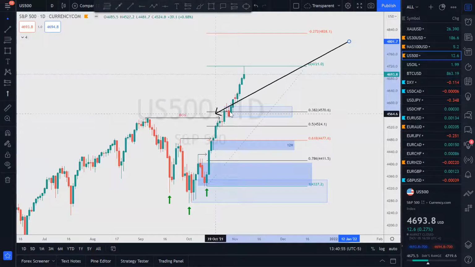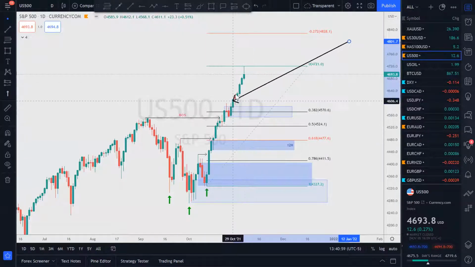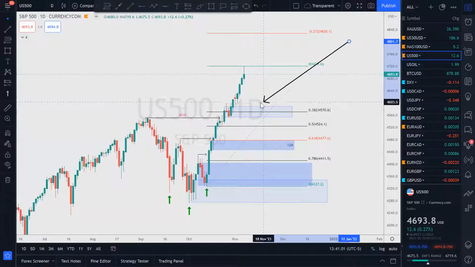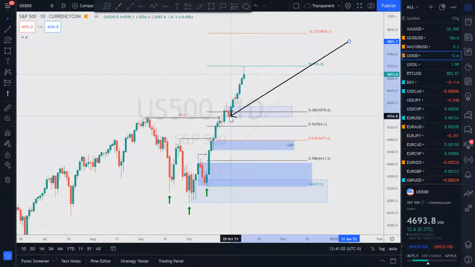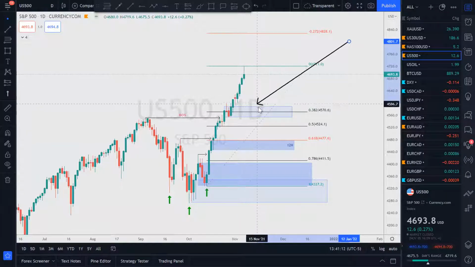Now this one here is above the break of structure, but we may get a reaction here, because you see how price left this area. This is a valid order block, and price left the area pretty well, so we might get a good reaction here.